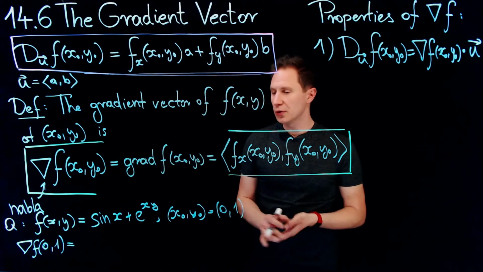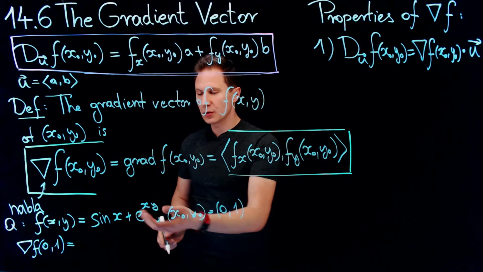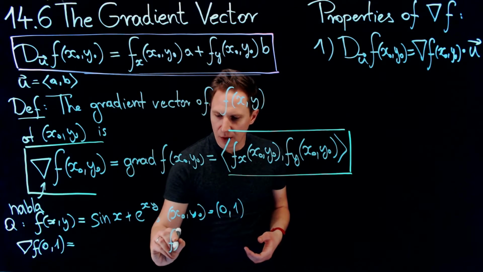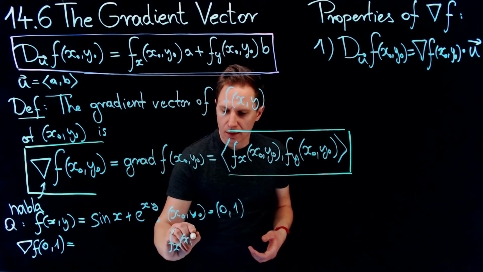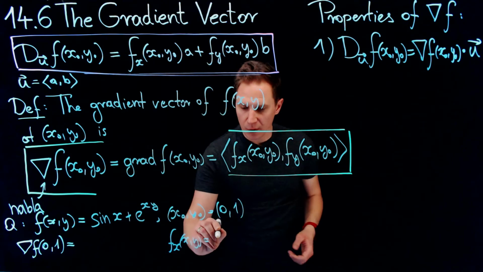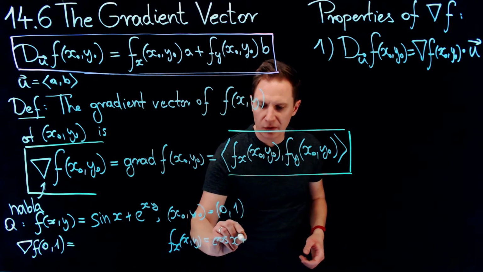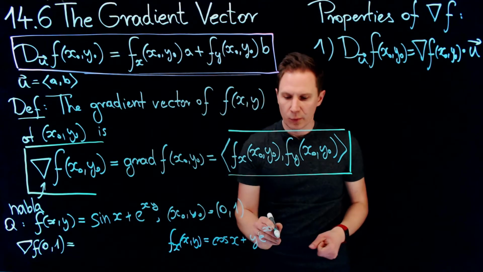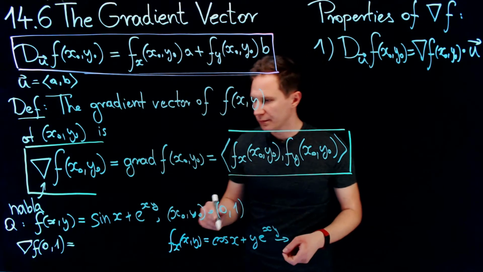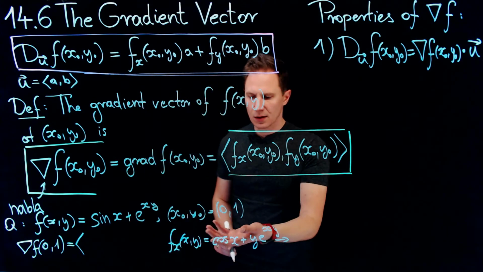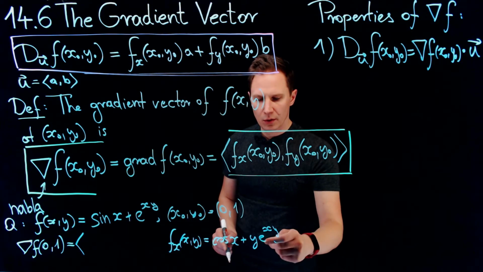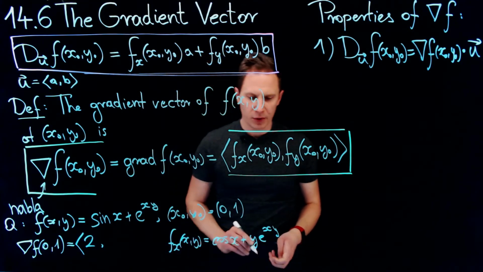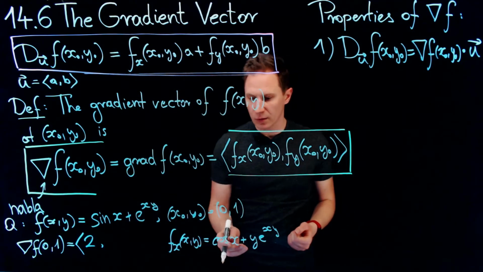Okay, I hope you paused it and computed the first order partial derivatives of our function. So f sub x is equal to the cosine of x plus y times e to the xy, which at 0, 1 evaluates to 1 plus 1, giving us 2 for the first component of the gradient vector.